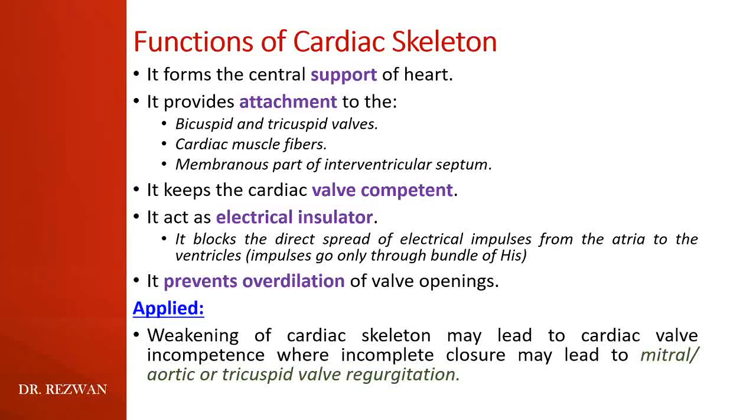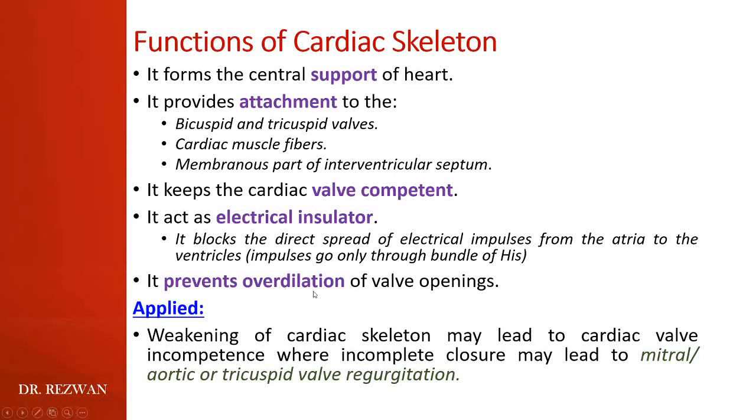They will only choose the bundle of His for this transmission. So it blocks the direct spread of the electrical impulses from the atria to the ventricles. The impulse goes only through the bundle of His. That's why the contraction of the atrium and the contraction of the ventricle do not occur simultaneously.